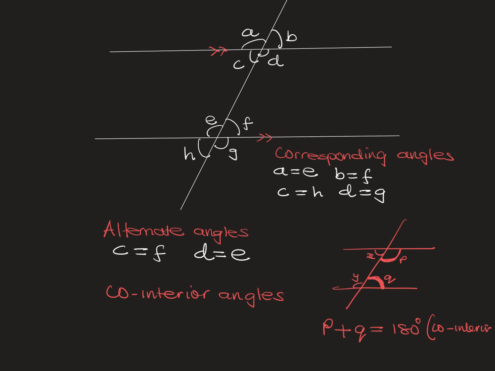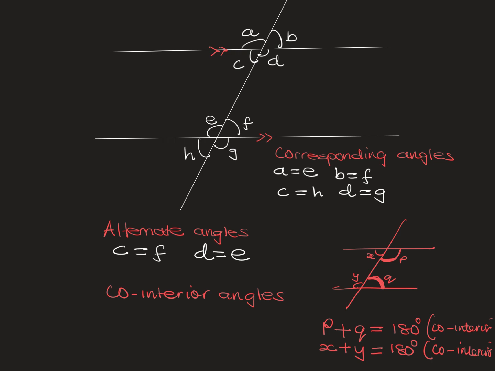In the same vein, these two angles X and Y, if you add them together, you should have 180 degrees. X plus Y is equal to 180 degrees because they are co-interior. Okay? They are co-interior angles.